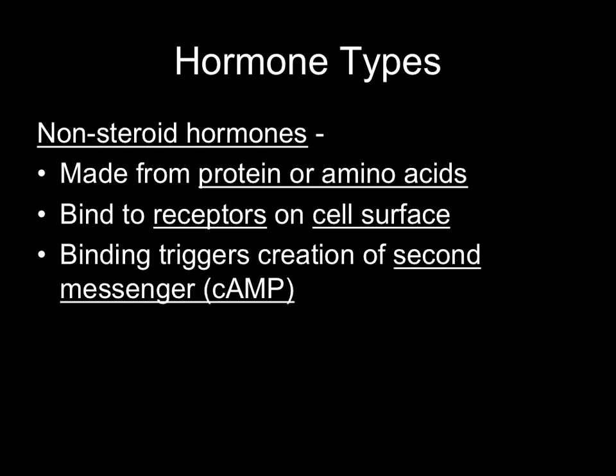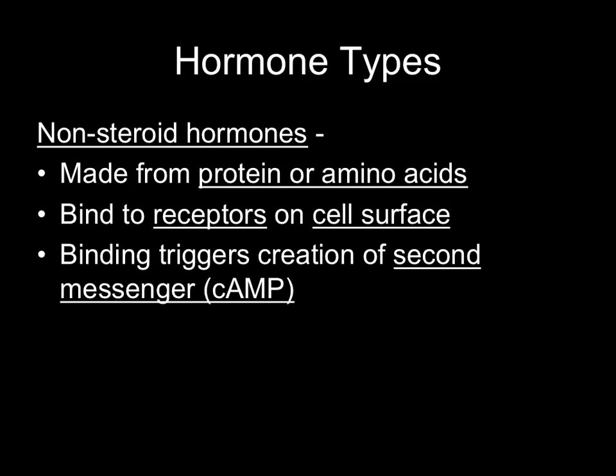In most cells, this is called cAMP. The stands for cyclic adenosine monophosphate. This is a kind of a cousin of the ATP that we have in our cells that we use for cellular energy.